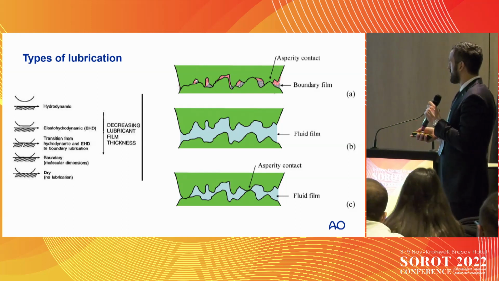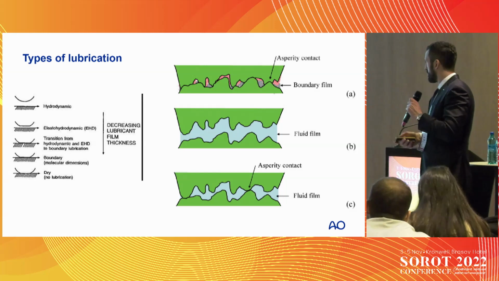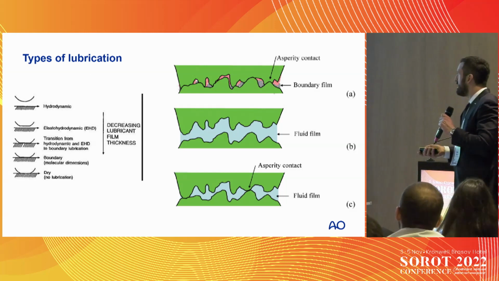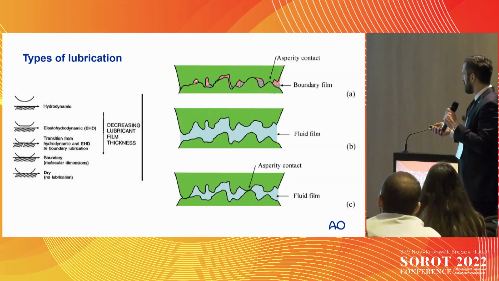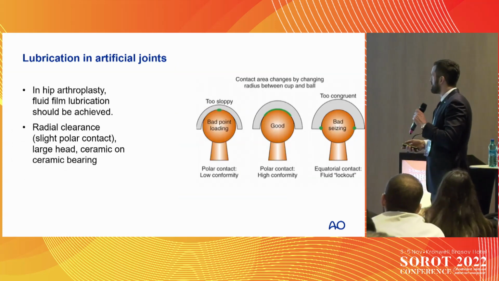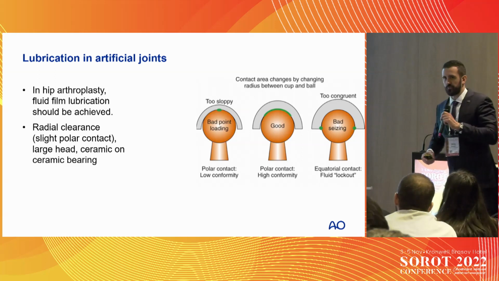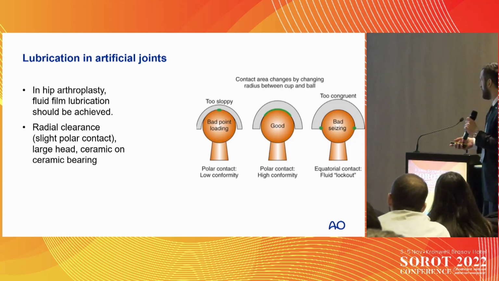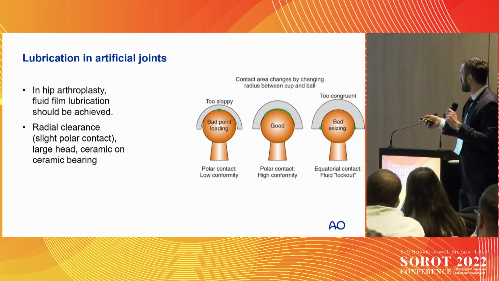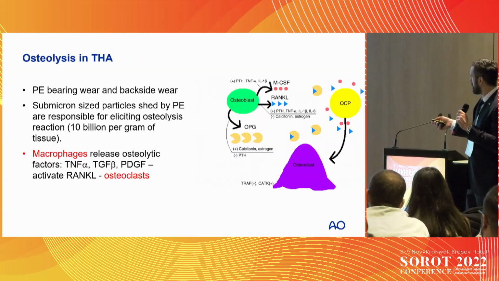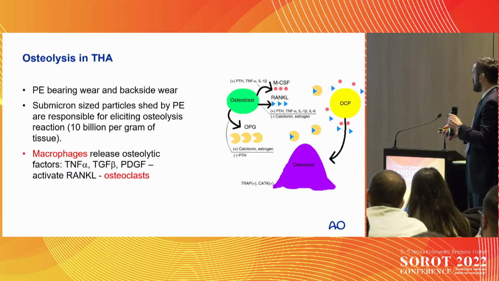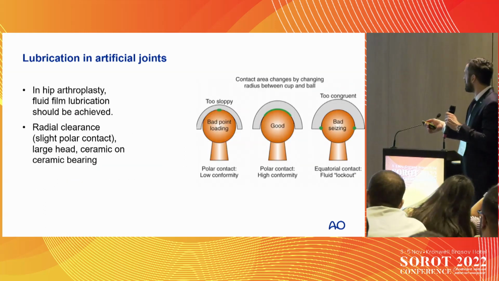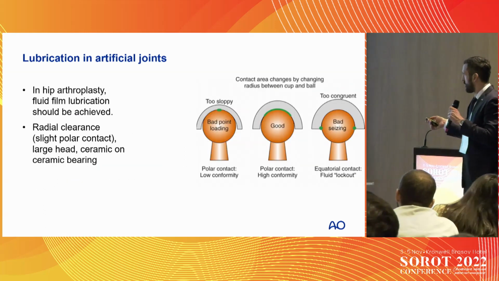Types of lubrication: let's just say the hydrodynamic lubrication is the most effective one, where you have a fluid film in between. Lubrication in artificial joints: if we speak about the hip, we need to have polar contact with high conformity. That's when a fluid film can be formed.